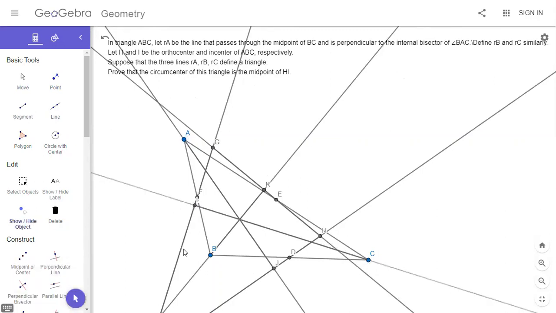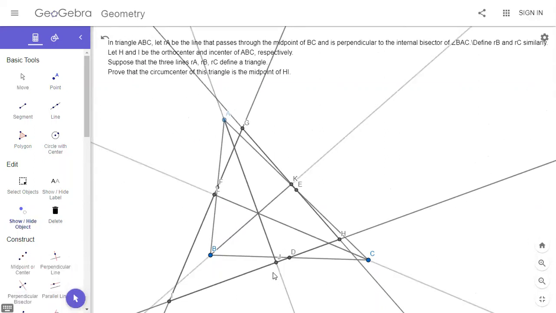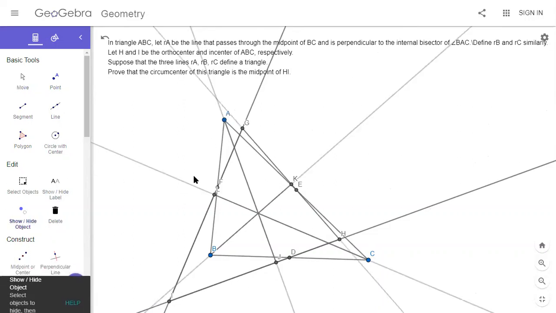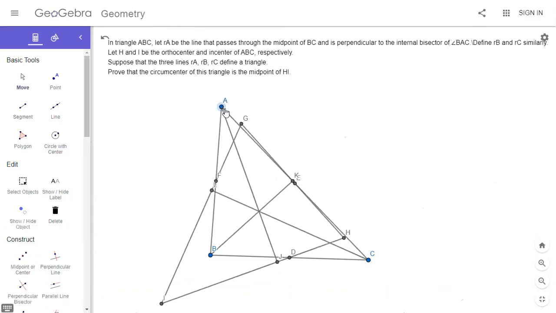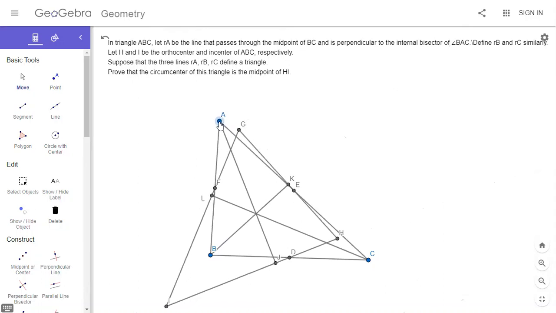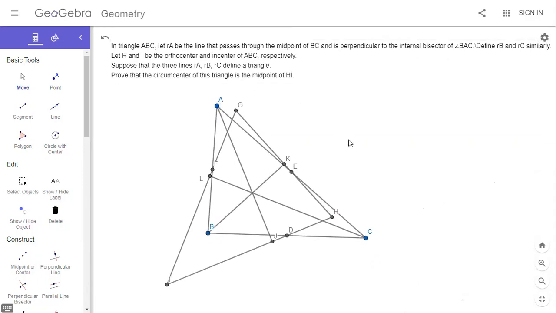All right, let's start hiding stuff. Let's see. Maybe that's it. I think that should do it.